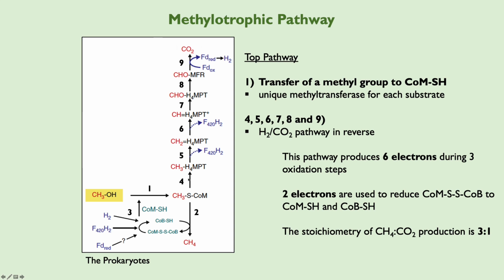And this sequence of reactions here releases 6 electrons. And so these methanogens can produce methane as well as CO2 at a stoichiometry of 3:1 to release electrons to fuel this reduction here. So they produce both methane and CO2 through this methylotrophic pathway.